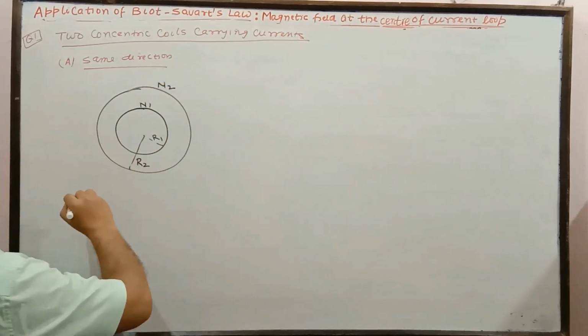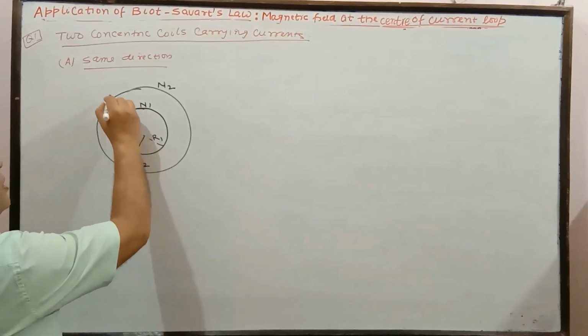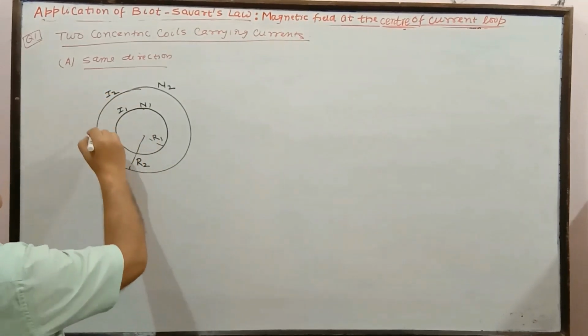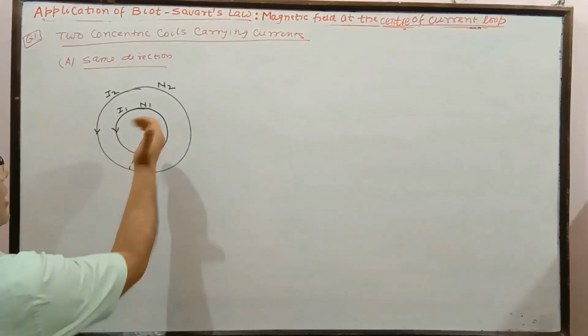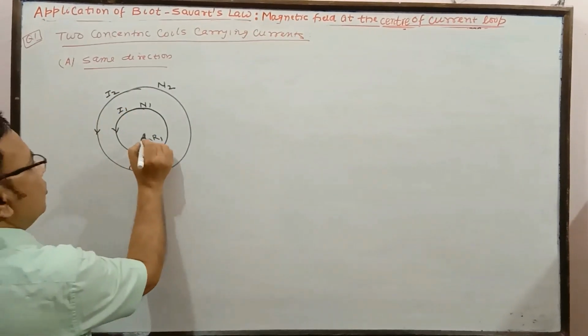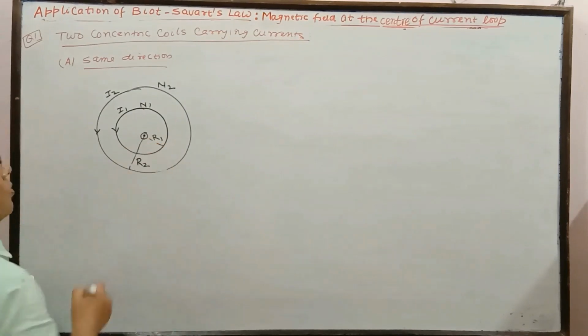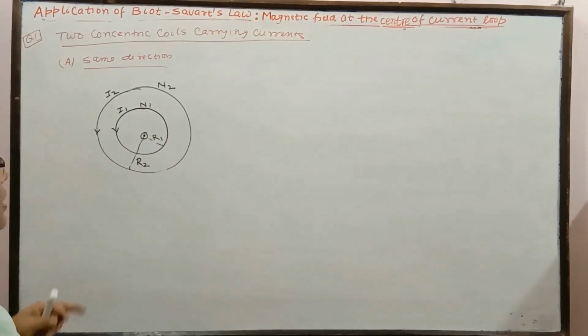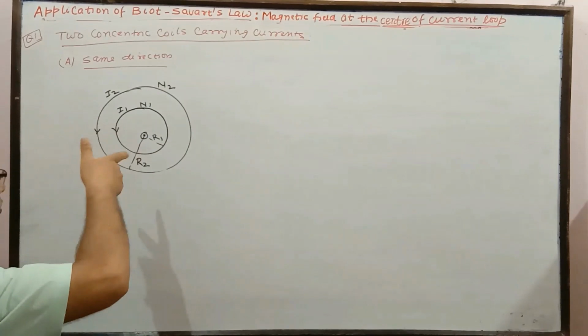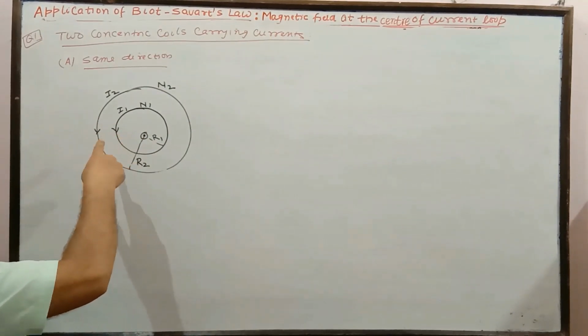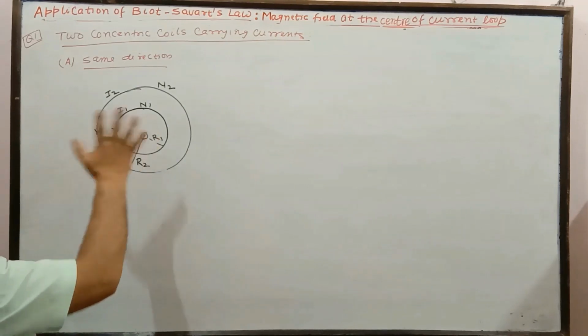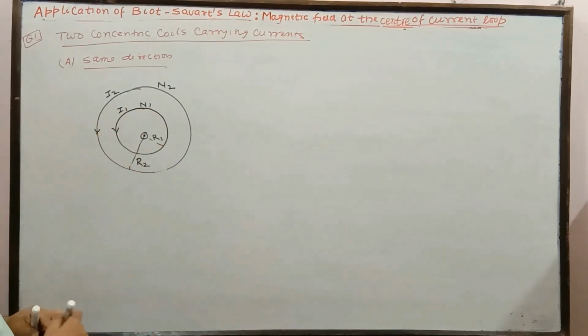Let the inner current be I1 and the outer current I2. If currents are in the same direction, say anti-clockwise, then the field is coming out. So due to both circular current carrying loops, the field will be out. If both are opposite directed, or clockwise, then the field will be going in as per the right hand thumb rule.